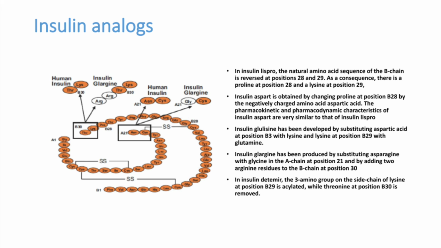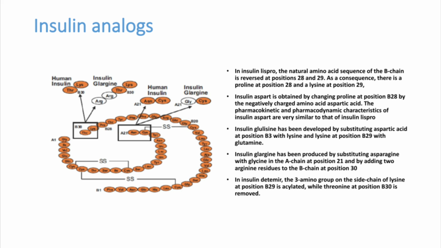So you can see here, for example, we are given a chart that the human insulin and insulin glargine, the difference is in the amino acid chains. So if you change the amino acids sequence, you can get different types of insulin, and their actions will be more or less same, but the duration, peak of action, onset of action, all can be different, and the antibody production against insulin analogs are not known.